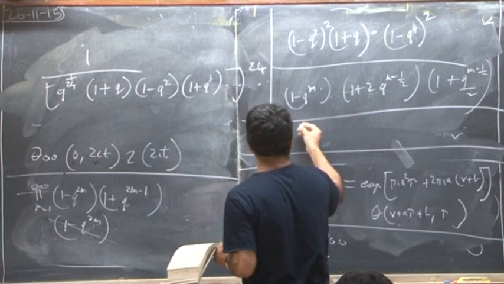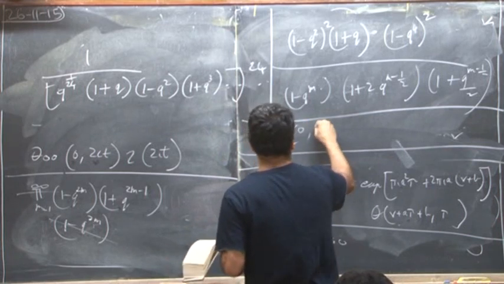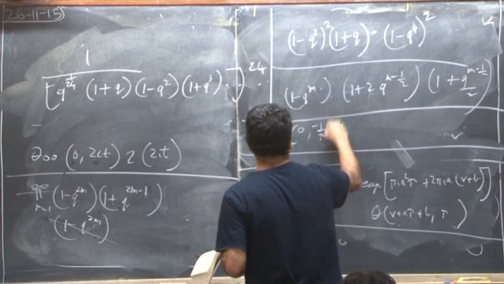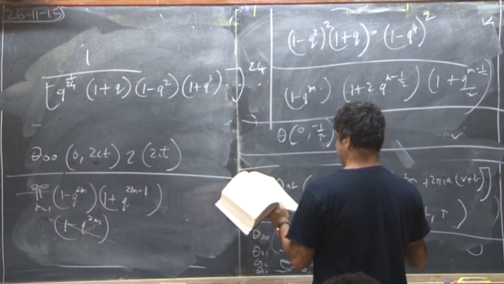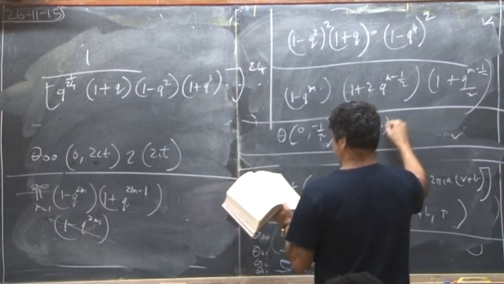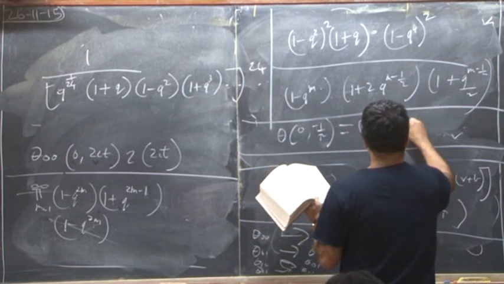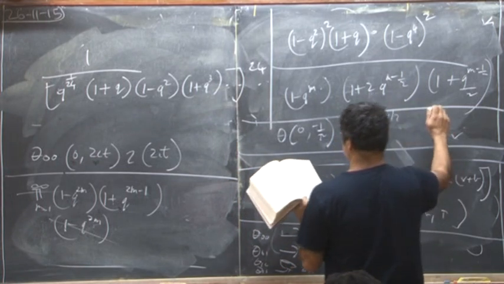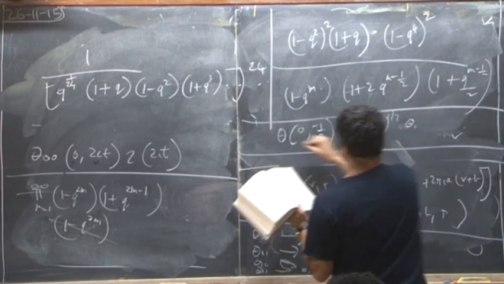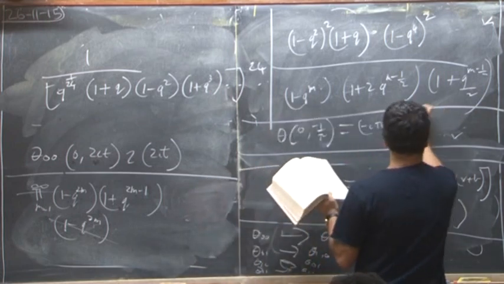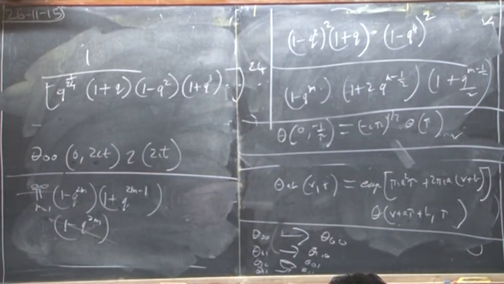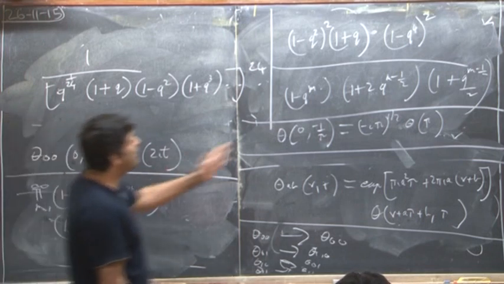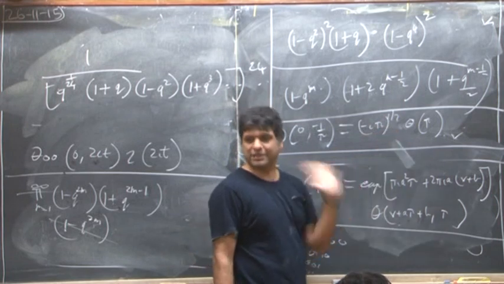So it's theta at 0 of minus 1 by tau is equal to minus i tau to the power half times theta. Very similar modular transformation property to the eta function.